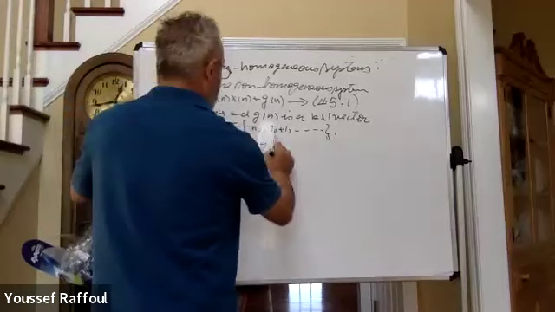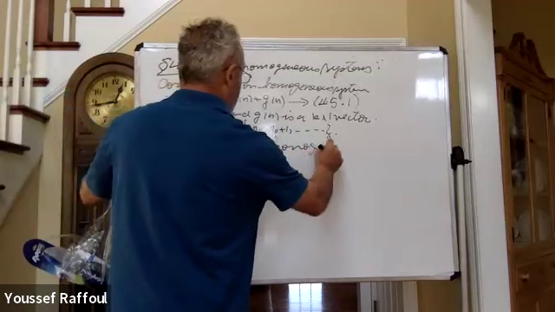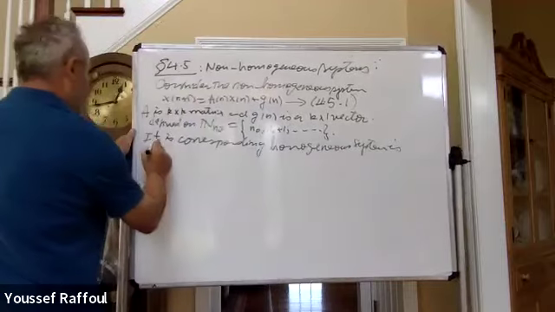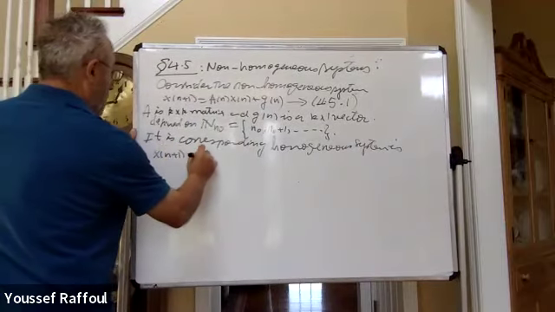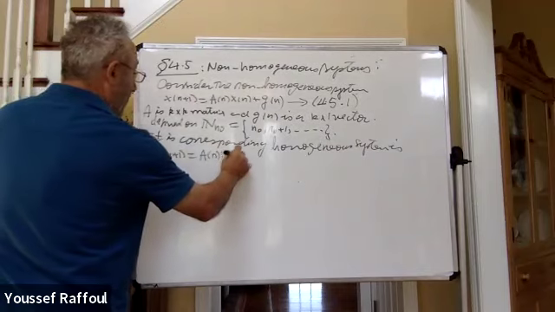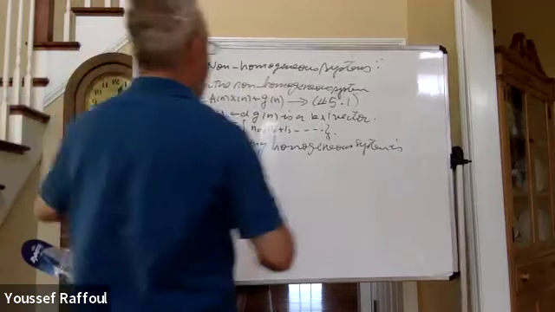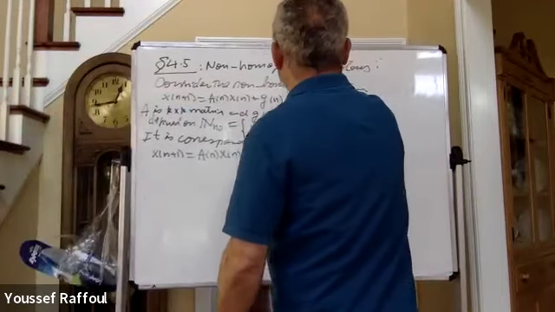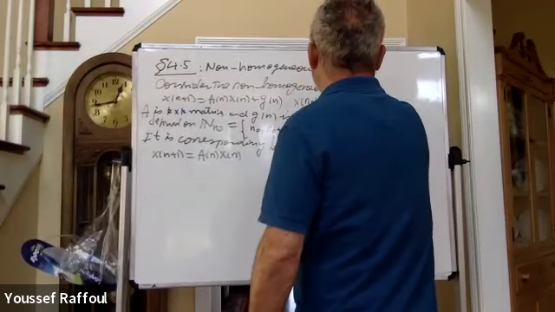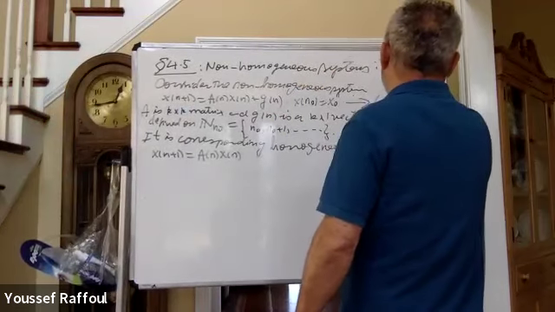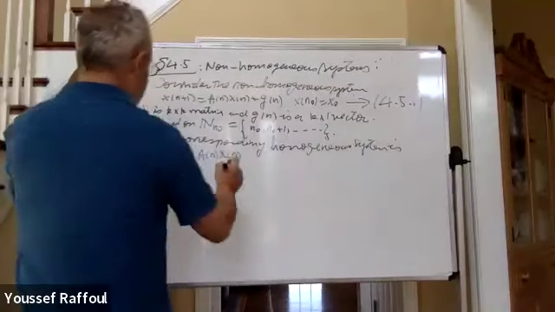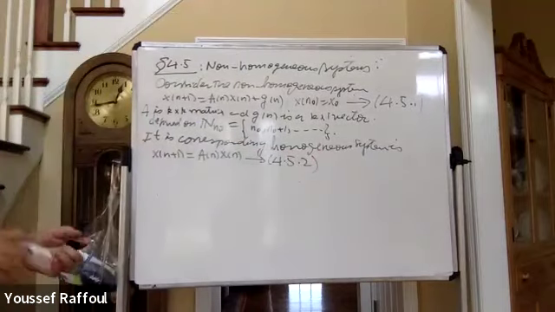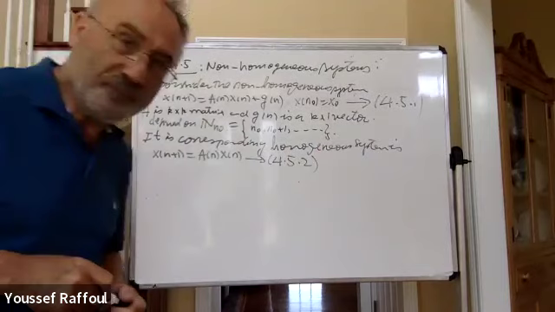Its corresponding homogeneous system is x n plus 1 equal A n x n, with x n naught equal x naught. And this is 4.5.2. Okay.